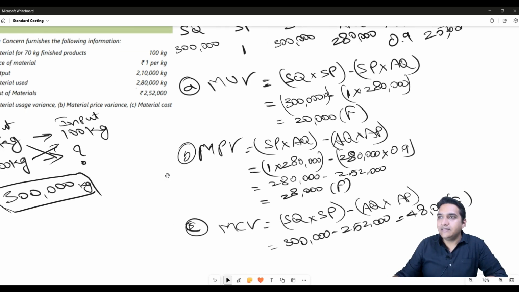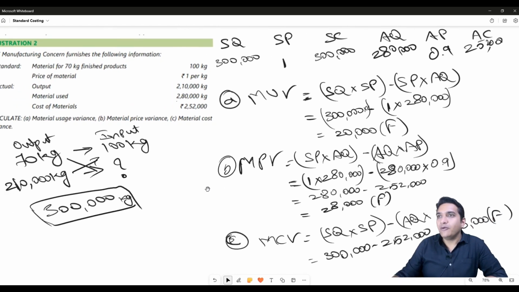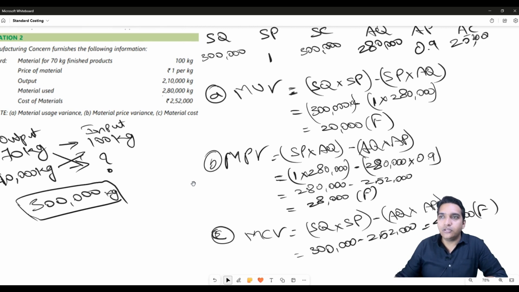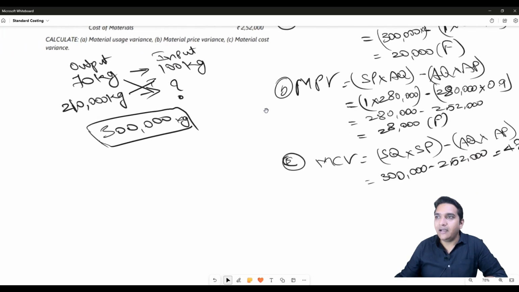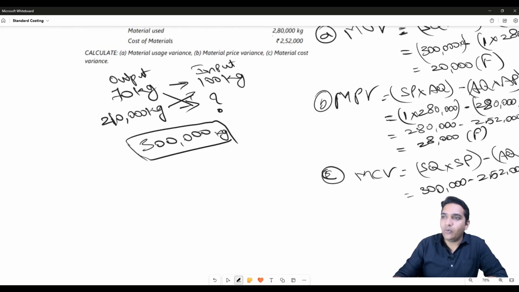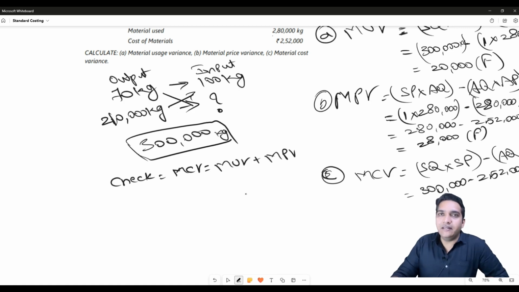Now, here ends the solution to this problem, but you should also go one step further and do a check. This check is basically the same thing which I had told you, wherein material cost variance is equal to material usage variance plus material price variance. Have we calculated the variances correctly or not?